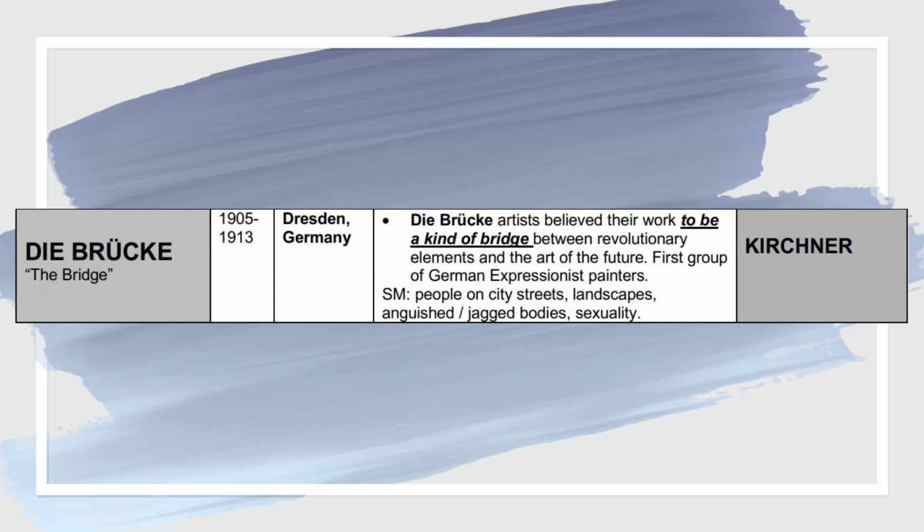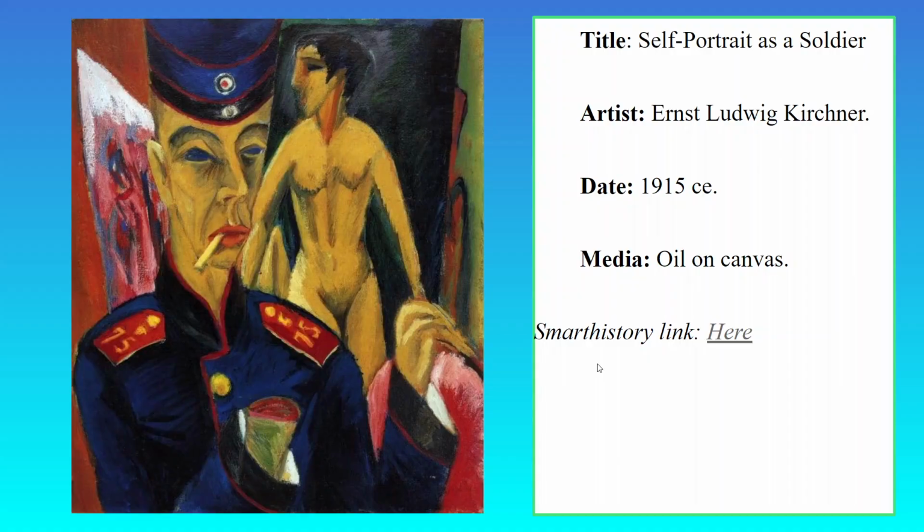We are taking German Expressionism and pushing it even more modern. So it's a lot of the same stuff as German Expressionism, it's just got color now. So Die Brucke is German Expressionism, but it's a little bit more sexual and it's got pretty color. That's the difference. See? It's the same but different.